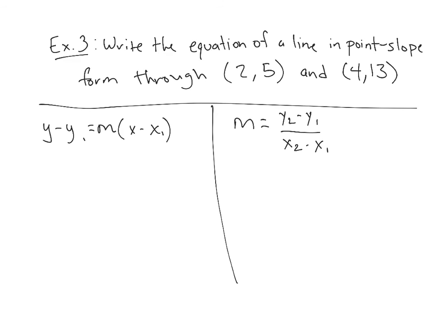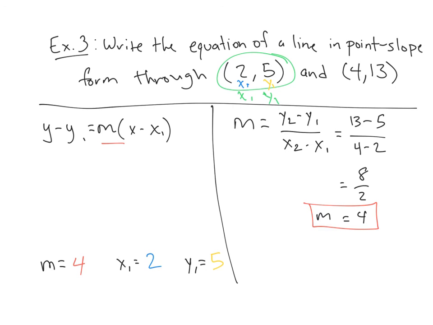And then eventually I'm going to say m is equal to something, x1 is equal to something, and y1 is equal to something. So let's say I'm using this as my x1 and y1. So given that fact, I want you to go ahead and write the equation of a line in point slope form through those 2 points. Enter your answer when you're ready.